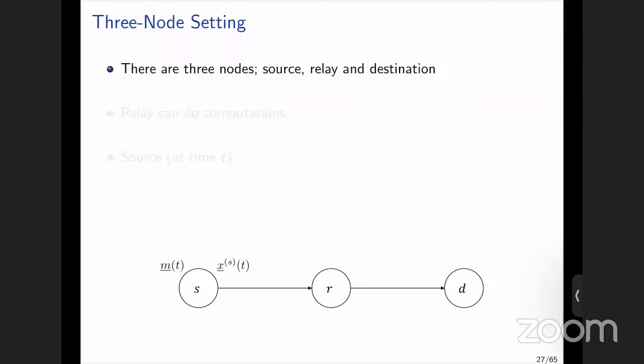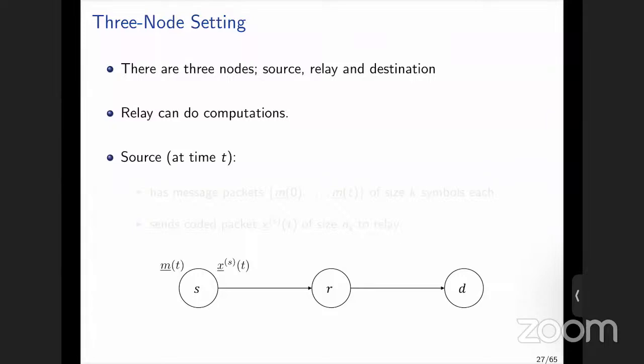It is assumed that the relay can do computations. The relay can receive packets from the source, do some decoding and then forward those packets. Maybe it can create its own packet based on whatever it has received, do some computation, and send those packets to the destination. So the relay can do computations. That's the assumption.